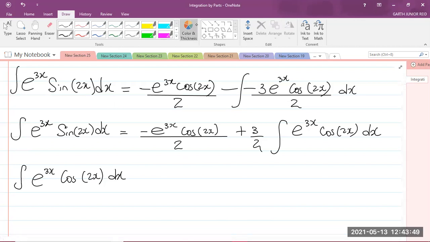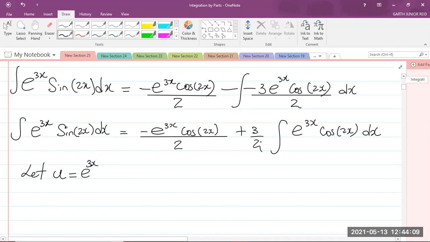Before I write this integral, let me just write what is u and what is my dv by dx term. Okay, so we're going to now let u be equal to e to the 3x. The other term is trigonometric, and we know that the trigonometric term is not in our priority list.